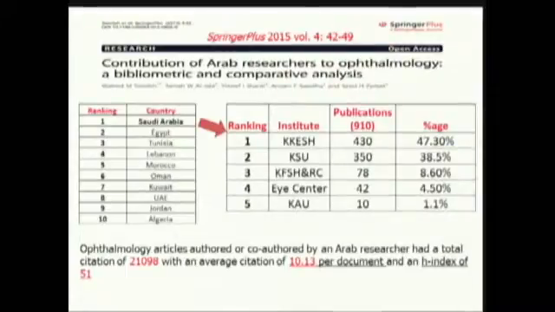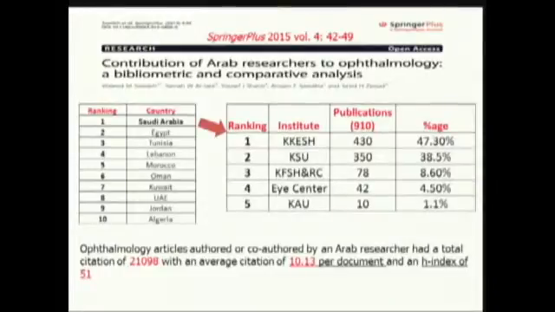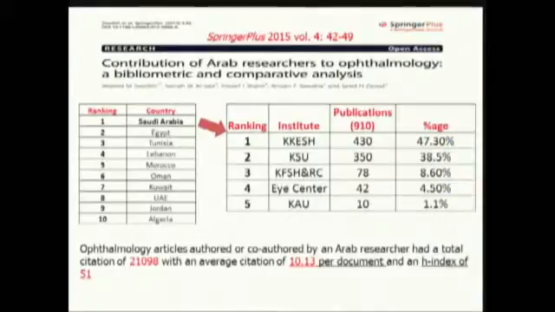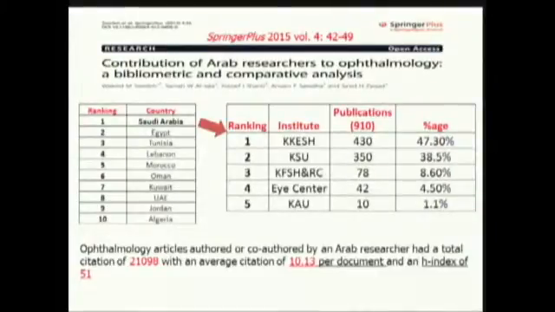One of the most important things is something called the H index. In the United States, if you go to any place, the first question they ask you is, what's your H index? The H index is an equation developed by a Swiss physicist to measure the impact of your publications and productivity.